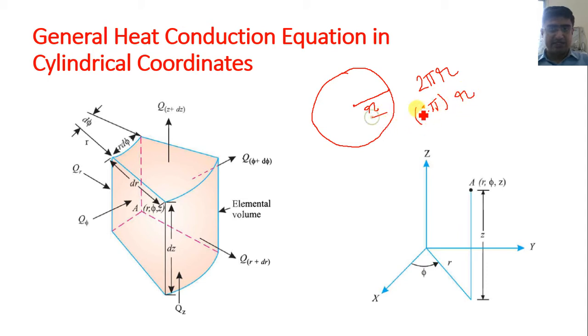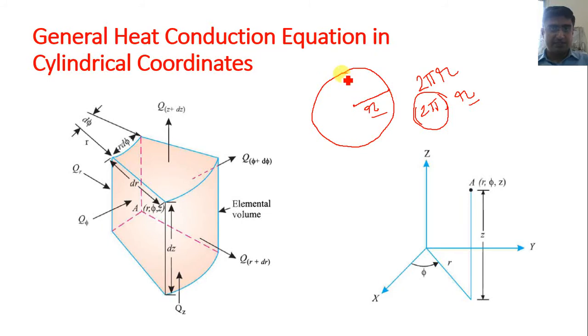So r indicates the radius. What does the 2 pi indicate? The 2 pi indicates the value of the angle. It means the angle from this starting point to the ending point is equal to 2 pi.